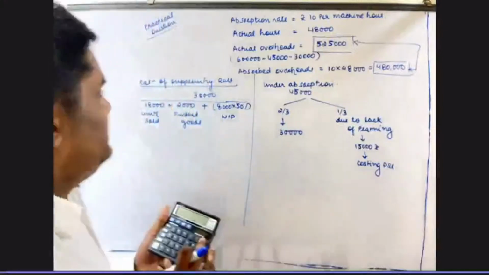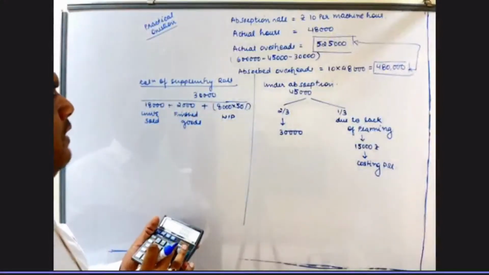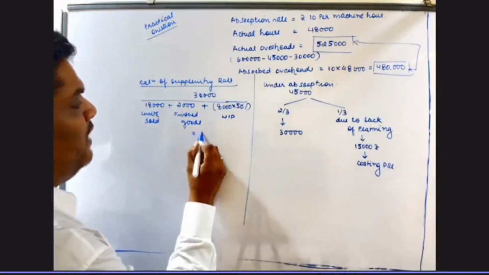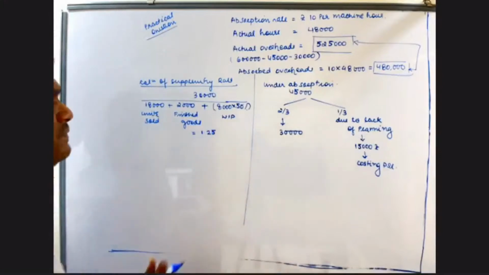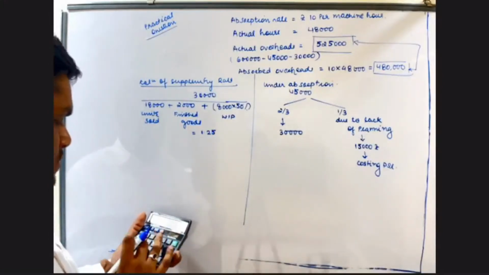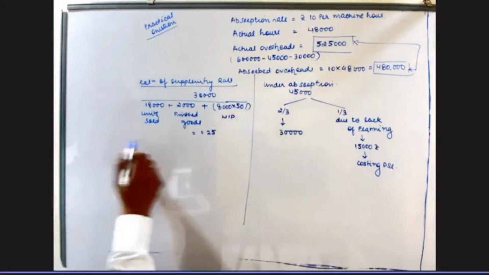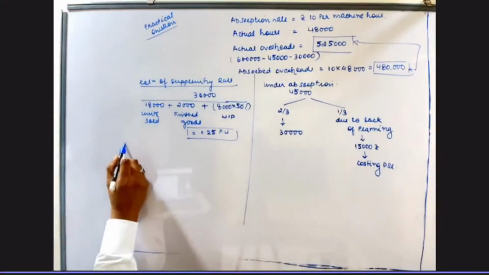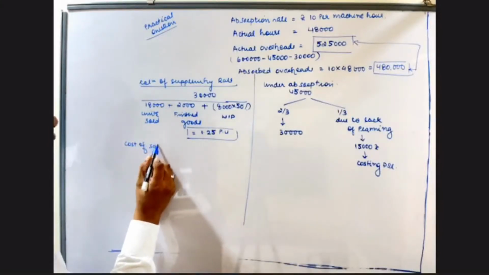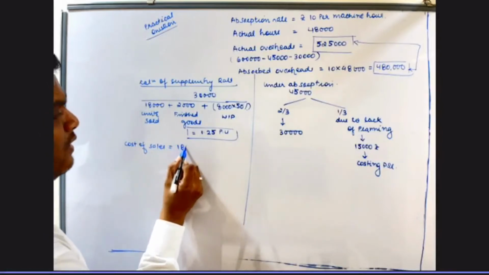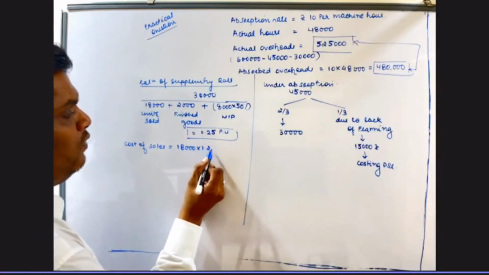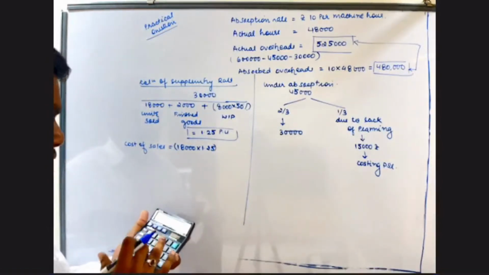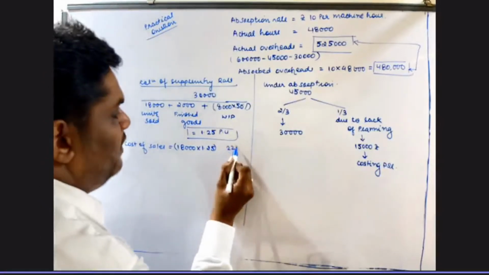So my supplementary rate will be 30,000 divided by 24,000. This will be 1.25 per unit. So when talking about cost of sales, it will be increased by 18,000 into 1.25, that is 22,500.